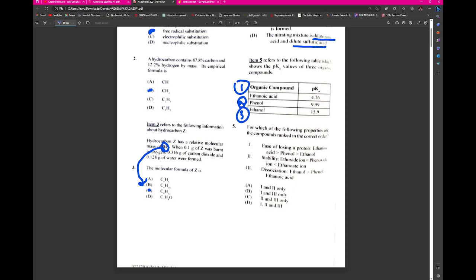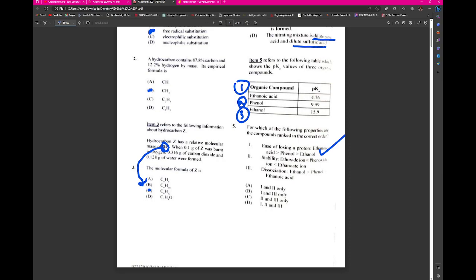We should remember ease of losing a proton, right? Acids are proton donors. That means the stronger acid must have the higher ease of losing a proton. Here it shows that ethanoic acid is higher than phenol, and phenol is higher than ethanol. So we're going with that.